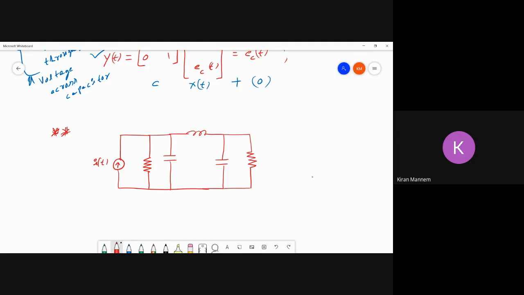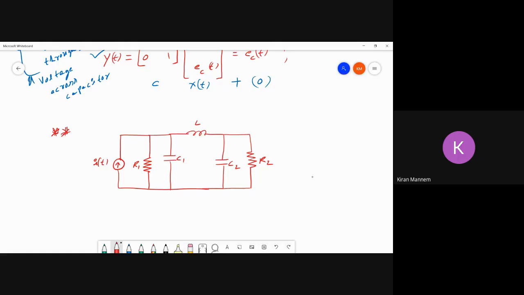Okay. So let us write the names here. R1, and this will be R2, C1, and this is C2, and L, since we have only one.